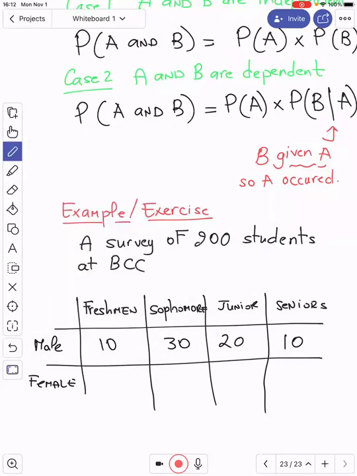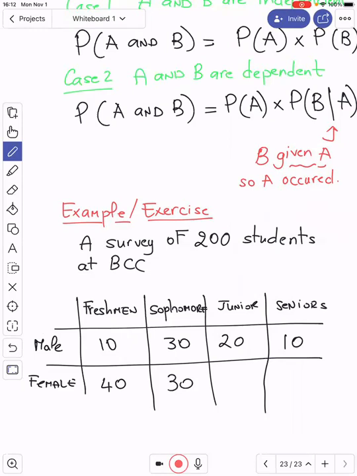Now for females, let's say freshman females we have 40, for sophomores we have 30.